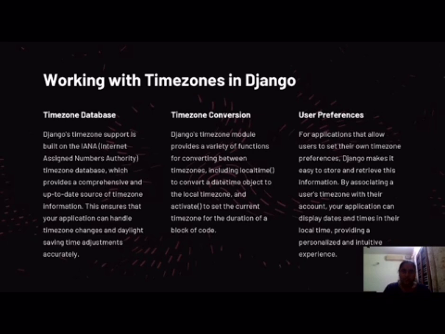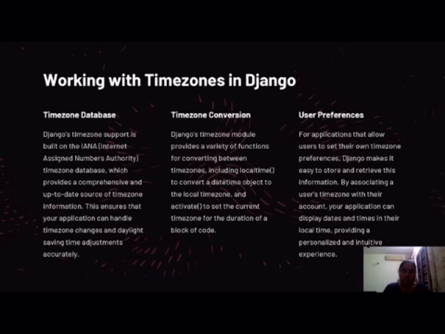Working with time zones in Django. Time zone database. Django's time zone support is built on the IANA, Internet Assigned Numbers Authority, time zone database, which provides a comprehensive and up-to-date source of time zone information. This ensures that your application can handle time zone changes and daylight saving time adjustments accurately. Time zone conversion.